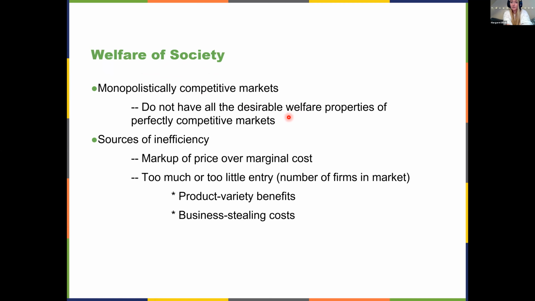Even in the long run, monopolistically competitive firms are going to be charging higher prices than what we would find in perfect competition. And also the firms that are producing these monopolistically competitive goods are not producing them at the lowest possible average total cost. So there are some characteristics of monopolistic competition that make it not as desirable compared to perfect competition.